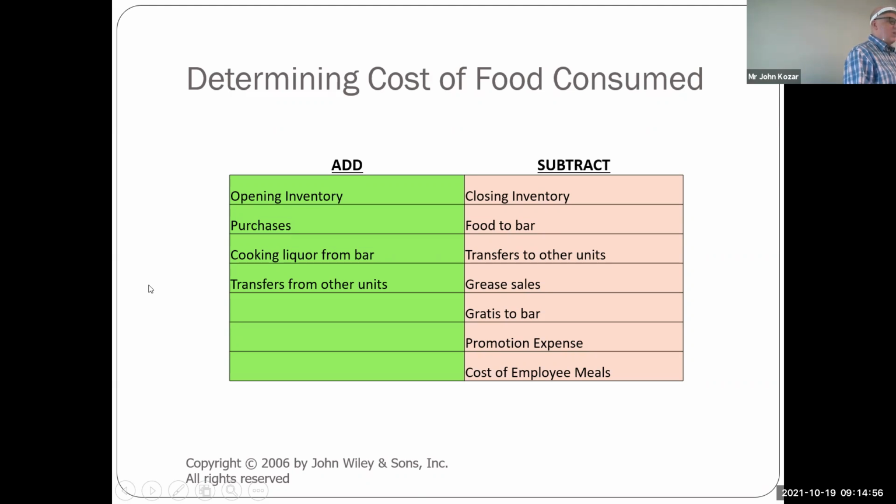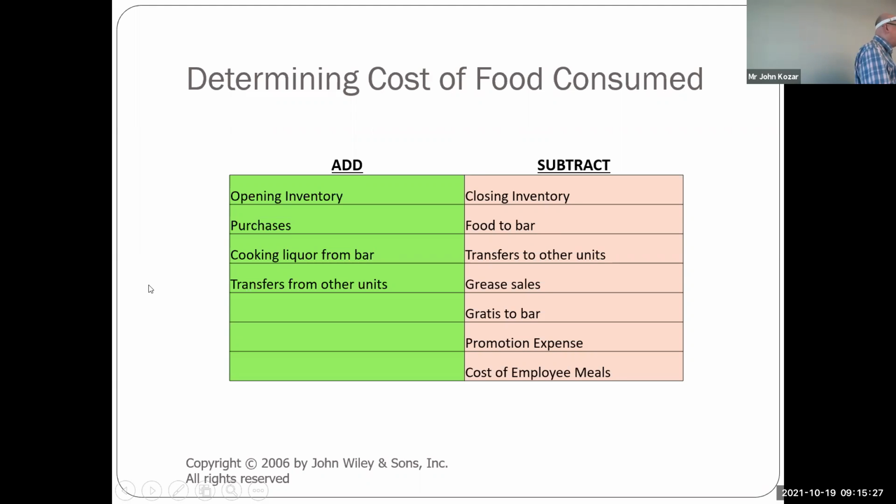Things that we're going to subtract off are going to be our closing inventory, and food to the bar, which, if you look at the bottom of the screen, the handout, we have. Food that would go to the bar: garnishes for beverages, if they're serving Bloody Marys, the olives, celery, any kind of pickled vegetables that you're sending out there.